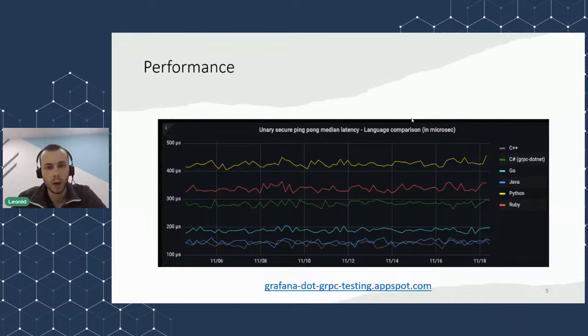Here on the picture you can see the median latency for the unary call. The unary call in gRPC is a basic request response call, but there are several other modes which we will talk about a bit later. And as you can see, for Java, the median latency is about 150 microseconds, which is really good.